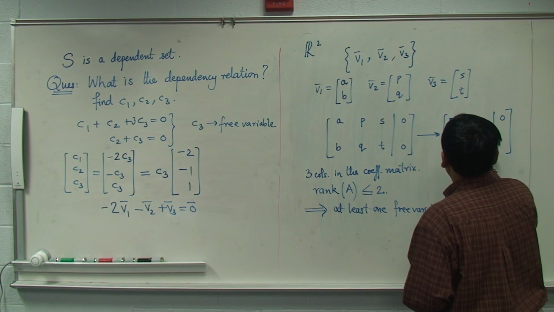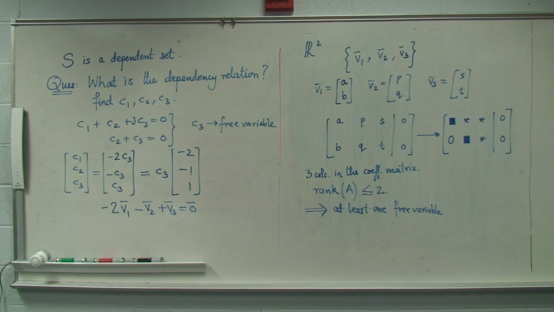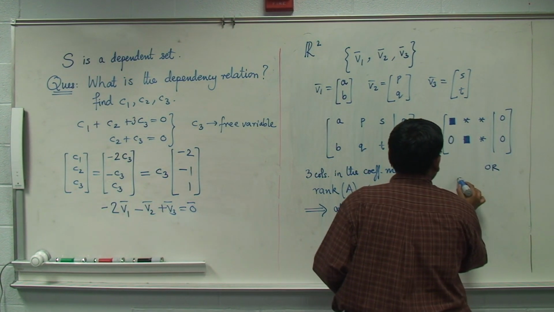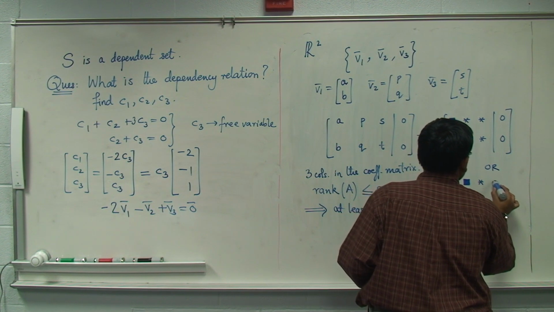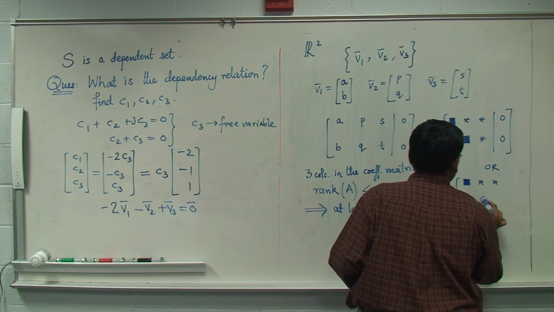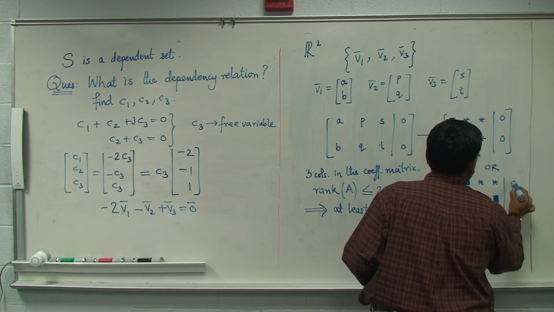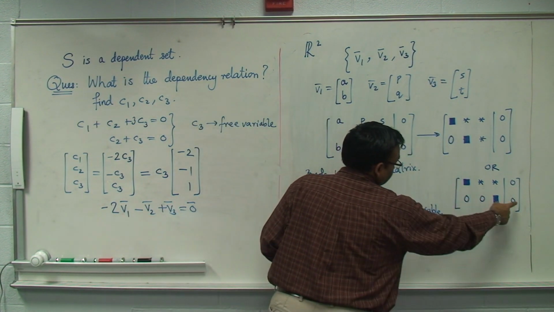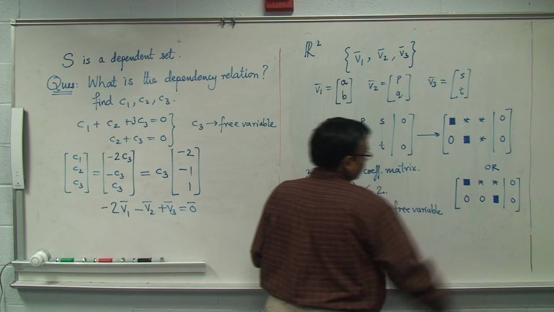This is one possible echelon form that can happen, or you may have a situation like this where the entire second line is a bunch of zeros, or you may have a situation like this that both the lines are zeros.